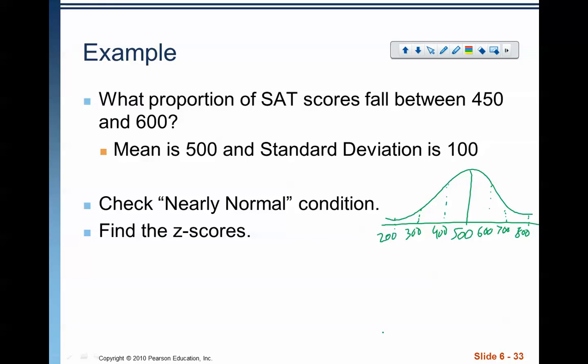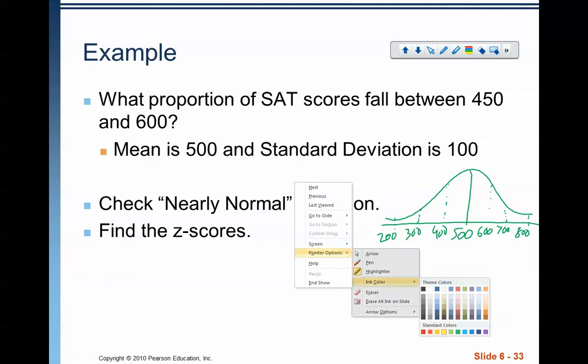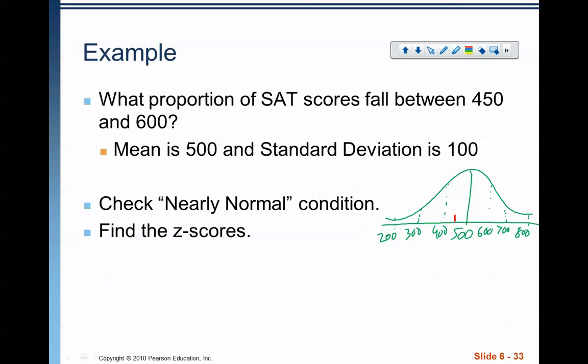So there's this normal model with a mean of 500 and a standard deviation of 100. We are looking for 450 to 600. So what section of the graph are we looking at? We're looking for from here to here.